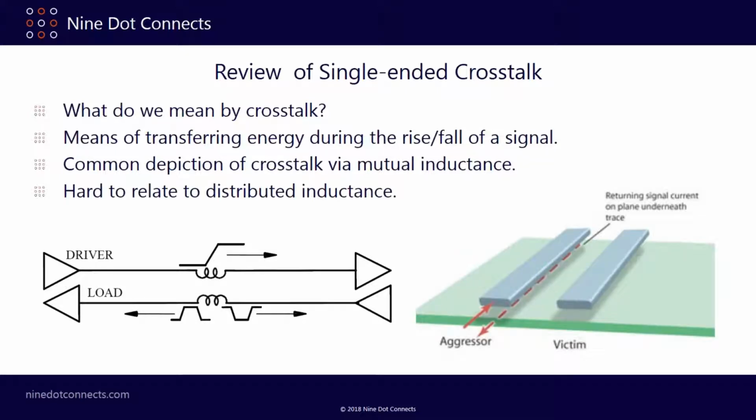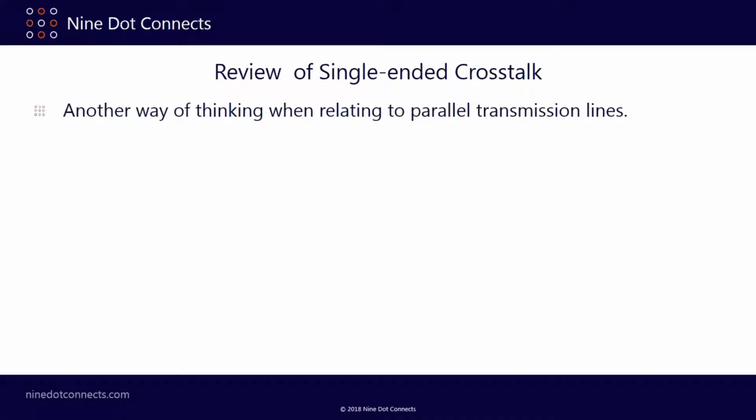The problem is it's kind of hard to understand this as it relates to a distributed inductance, because here you have a distributed inductance along the trace and then a distributed capacitance along the trace. So what I want to do is show you maybe another way of thinking about relating this crosstalk issue in parallel transmission lines.